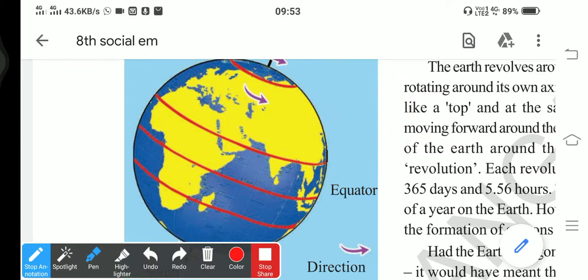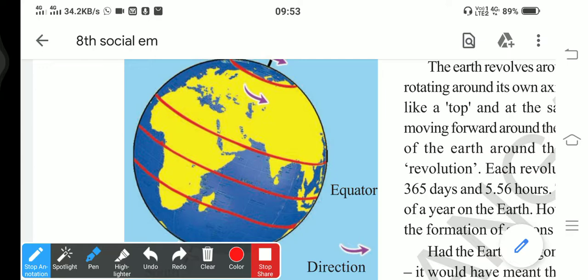It means that it takes one day. In other words, the earth takes 24 hours to rotate around its axis. Understand? How many hours? 24 hours. It is 12 hours a day, the remaining 12 hours a night.